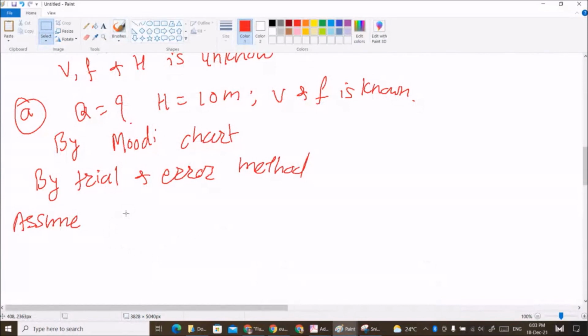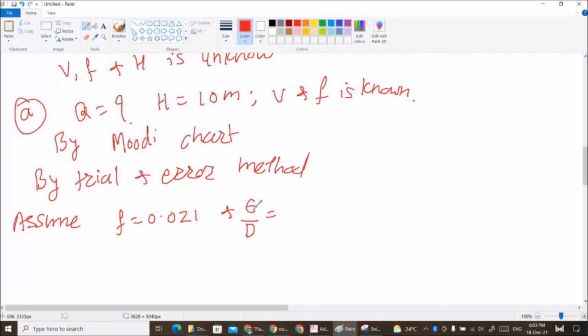Now assume. So we'll start this by trial and error method. We'll assume f is equal to 0.021. Okay, let us assume, and psi by d is given to you.